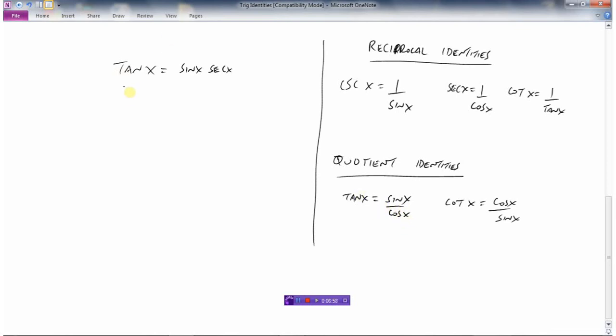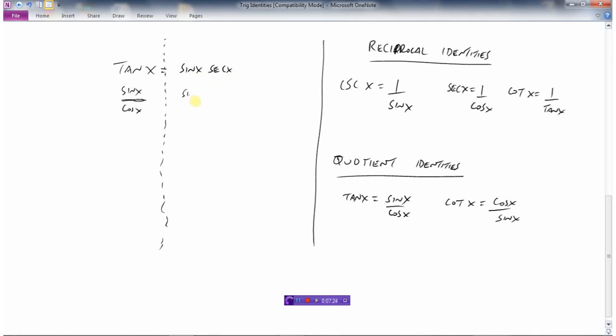I'm going to put a little dashed line down the page, because I'm going to work with the expression on the left side, and I'm going to work with the expression on the right side. So my expression on the left side is sine x divided by cosine x. I've converted that side to sine and cosine. The right side I'm going to convert to sine and cosine.